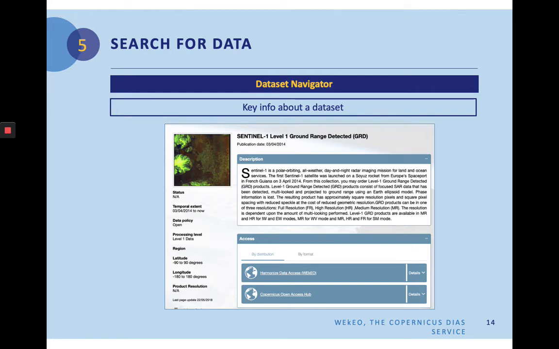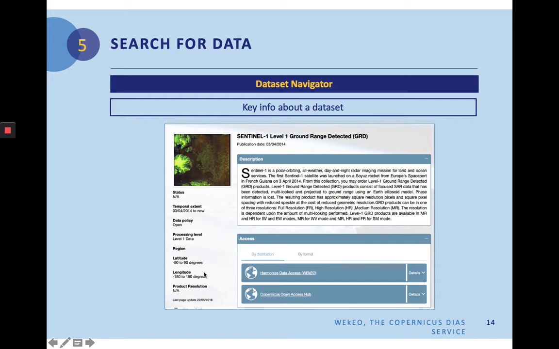Once you have selected that dataset, click on it in order to read key information. For example, you can see in this screenshot a description of a Sentinel-1 dataset and related information such as the temporal extent or the geographical area.